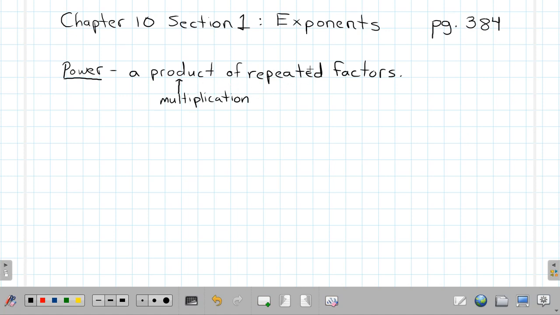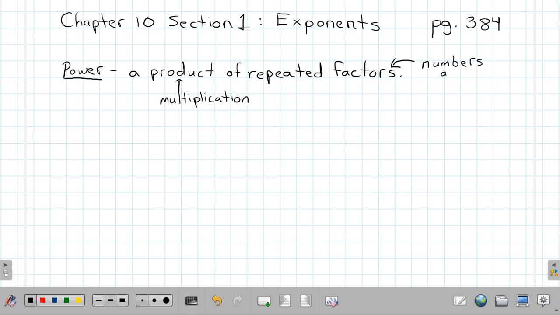The next word here, I just want to mention briefly, is the word repeated. So when we say something's repeated, it happens over and over and over again. And then we've got the last word in this definition, which is factors, okay? Now, when we talk about factors in math, we are talking about things that are multiplied together. So we are actually talking about numbers.